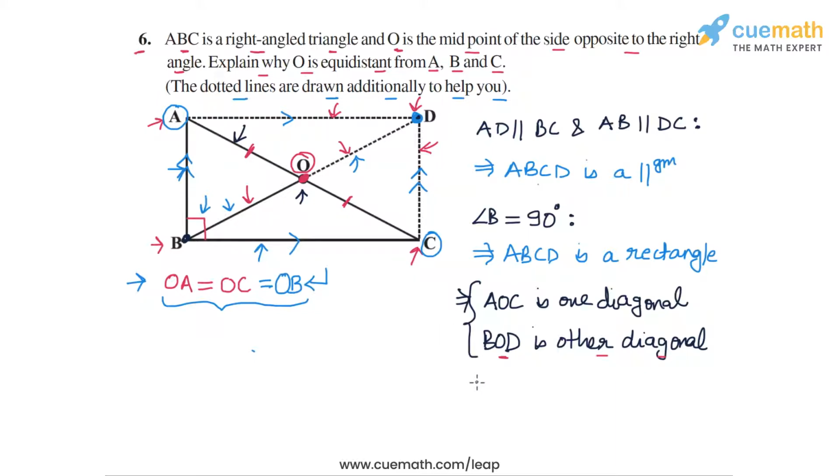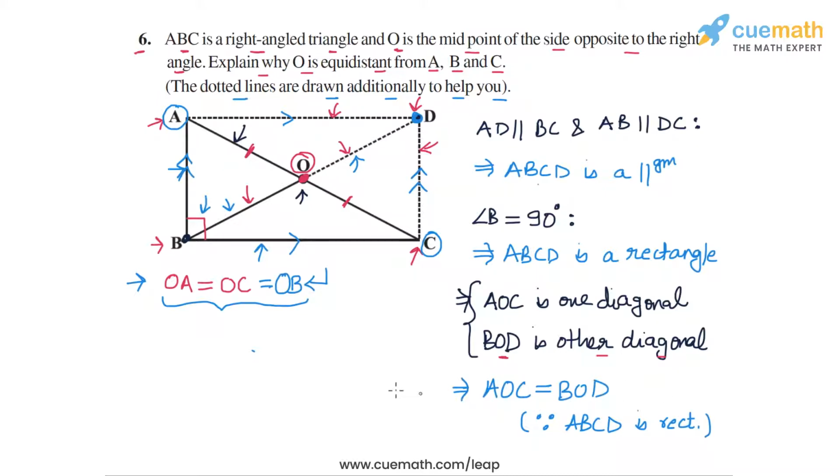So AOC and BOD are the two diagonals of the rectangle ABCD, and the interesting thing about any rectangle is that the diagonals are equal. This means that AOC must be equal to BOD, the reason being that ABCD is a rectangle, and in any rectangle the diagonals are equal.